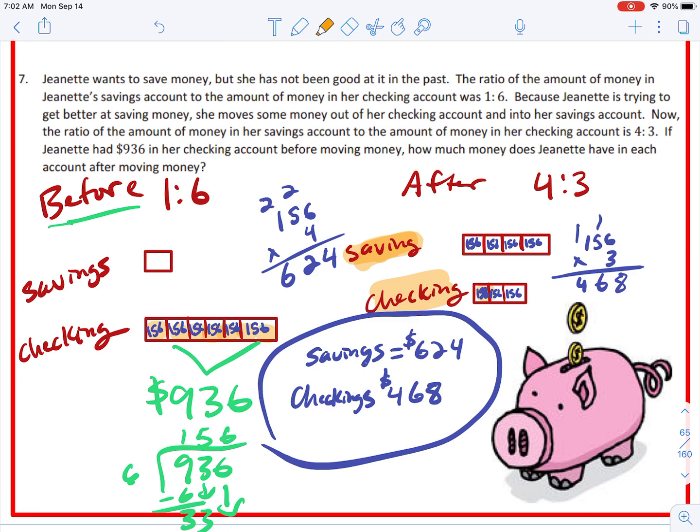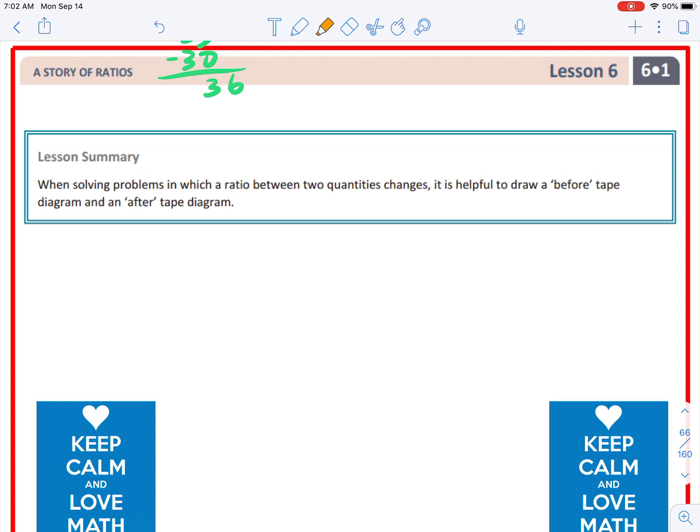So we plugged 156 in each of the units after she moved the money, which was 4 to 3. We did the math here. We figured out that in her savings she had $624, and in her checking she had $468.